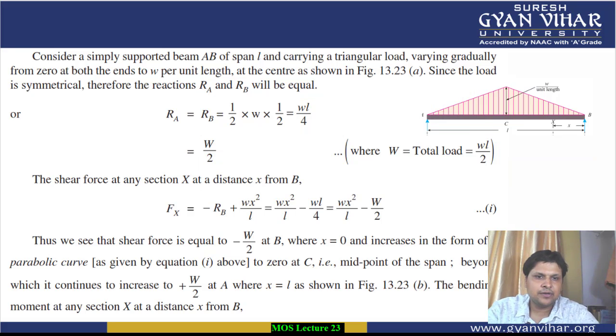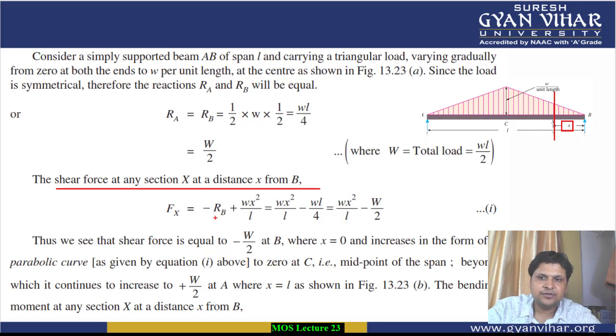Now moving further, students, we will calculate the shear force at any section at a distance x from B. For example, if this is the section, at a distance x from B, how will we calculate the shear force? For shear force, we consider the unbalanced force to the right of the section.